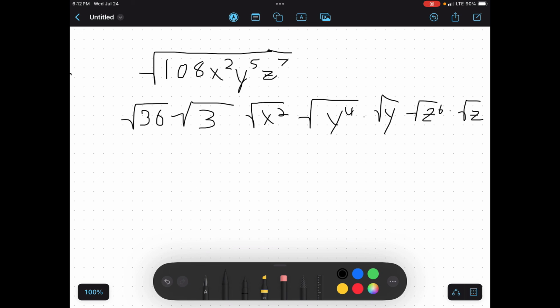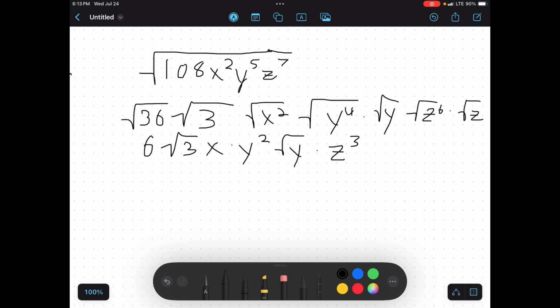Now, we go through every single one of these radicals and either reduce or note that they are irreducible. The square root of 36 is 6. The square root of 3 is irreducible. The square root of x squared is x. The square root of y to the 4th is y squared. The square root of y is irreducible. The square root of z to the 6th is z to the 3rd.